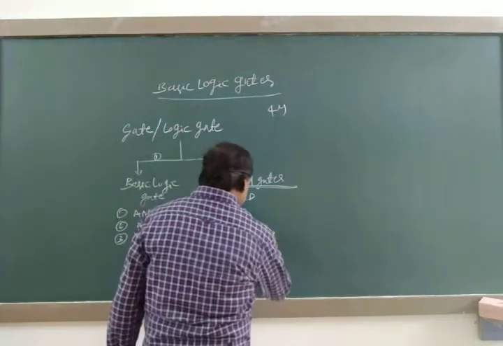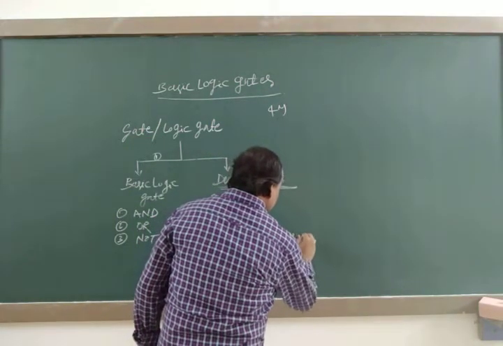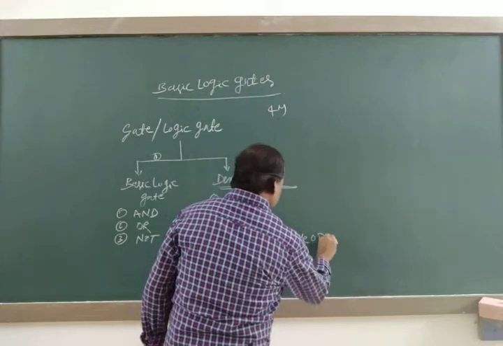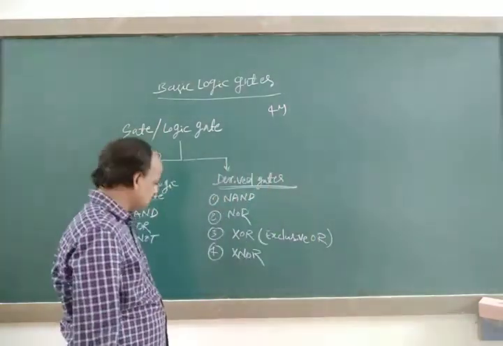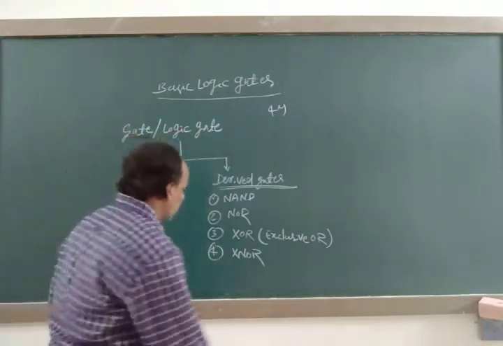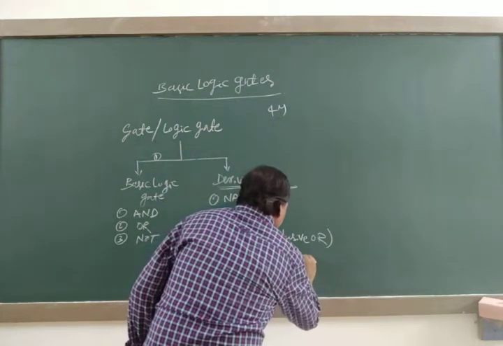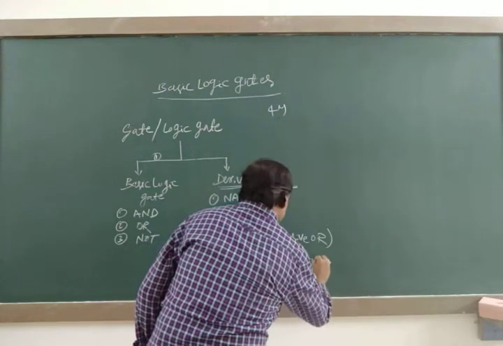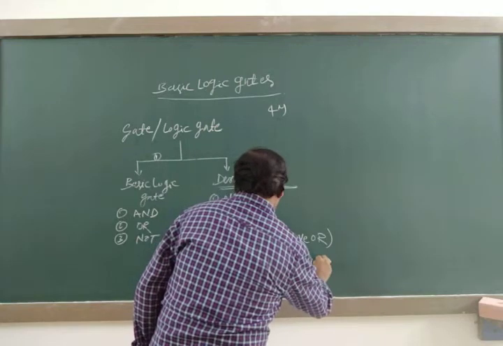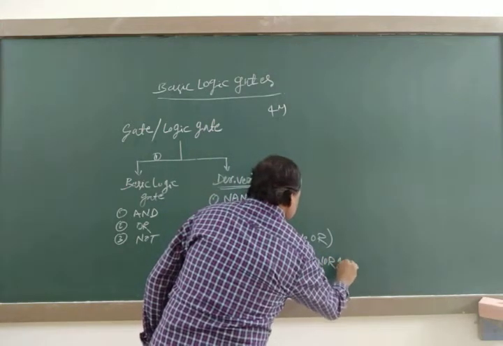This XOR gate is also called exclusive OR gate. This XNOR gate is also called exclusive NOR gate.